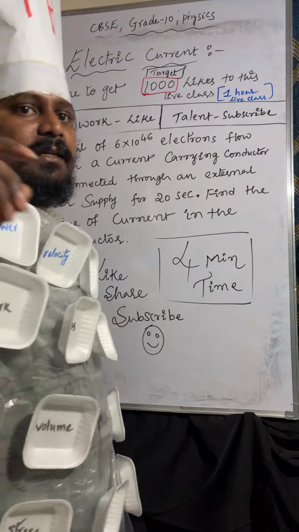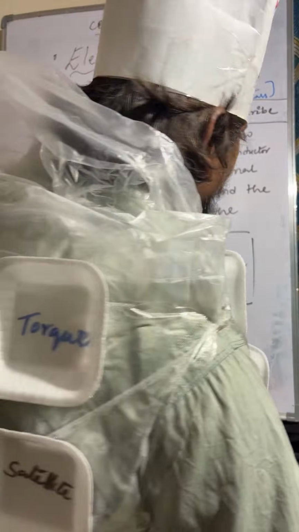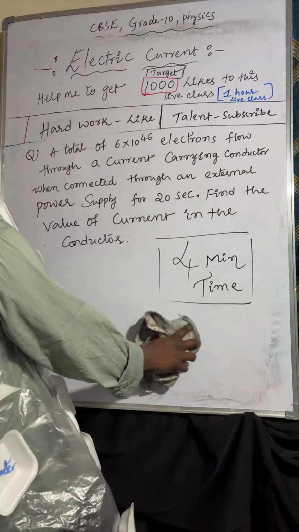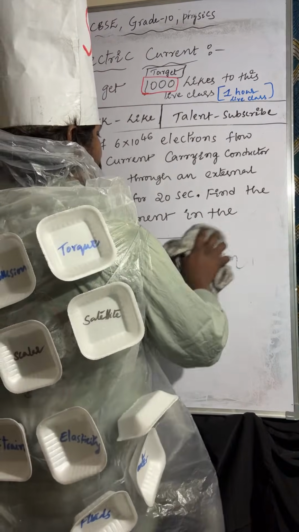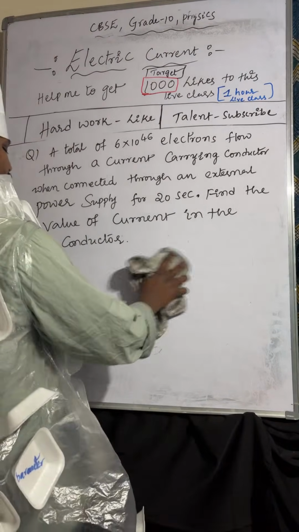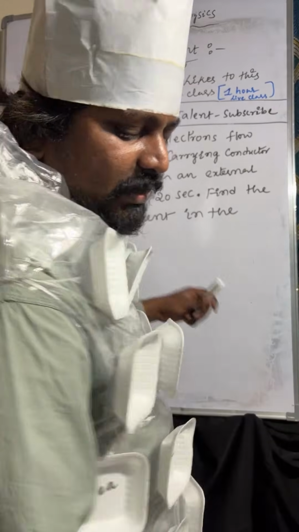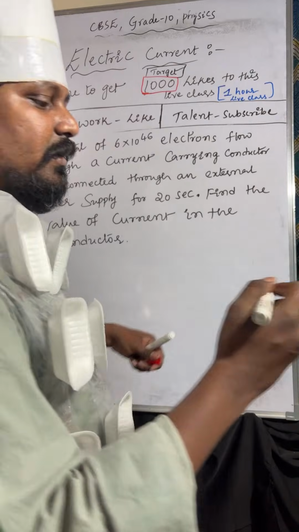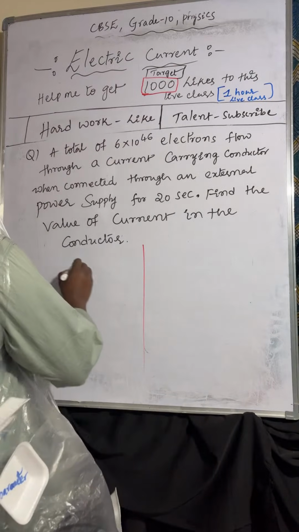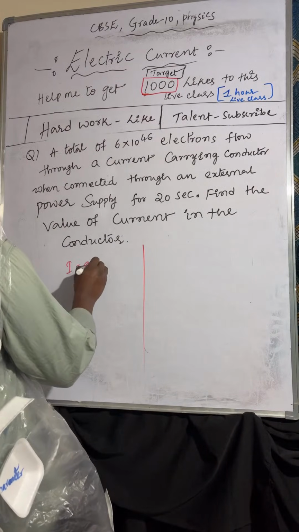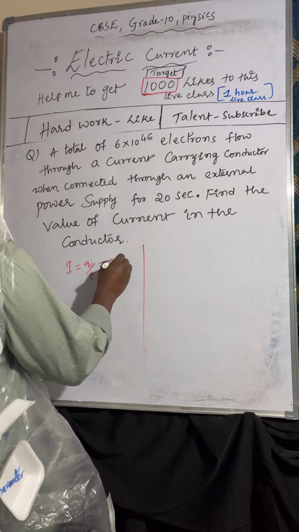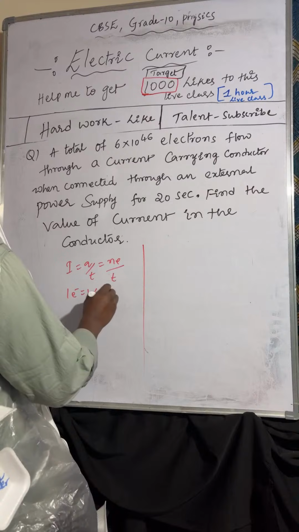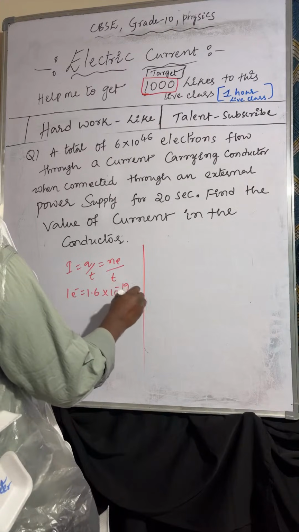Okay, the answer is 4.8 into 10 power 26. Very good. So I equals Q by T, Q equals N E. By using that formula, substitute all the values. 1 electron is 1.6 into 10 power minus 19 coulomb.